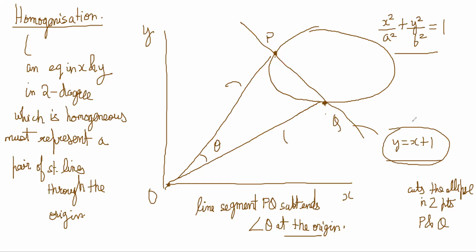You'll use this straight line equation in the curve. Points P and Q lie on both the line and the curve. So you'll substitute y is equal to x plus 1 there, get an equation in x, and solve it. You'll get 2 values of x, then put back to get the values of y, and you'll get P and Q. Once you get P and Q, you will write the slope m1, write the slope m2, and then you can take the angle between them.